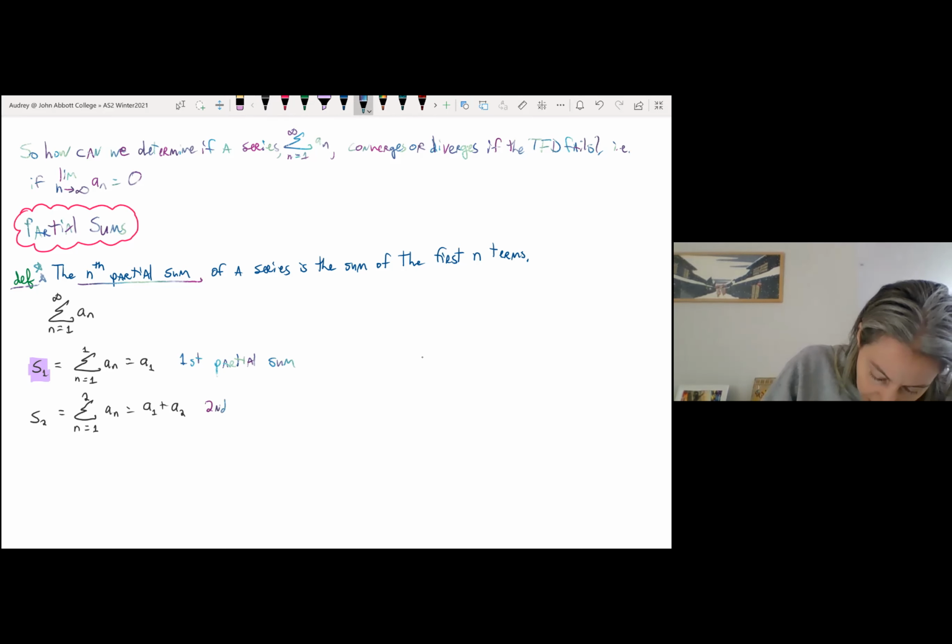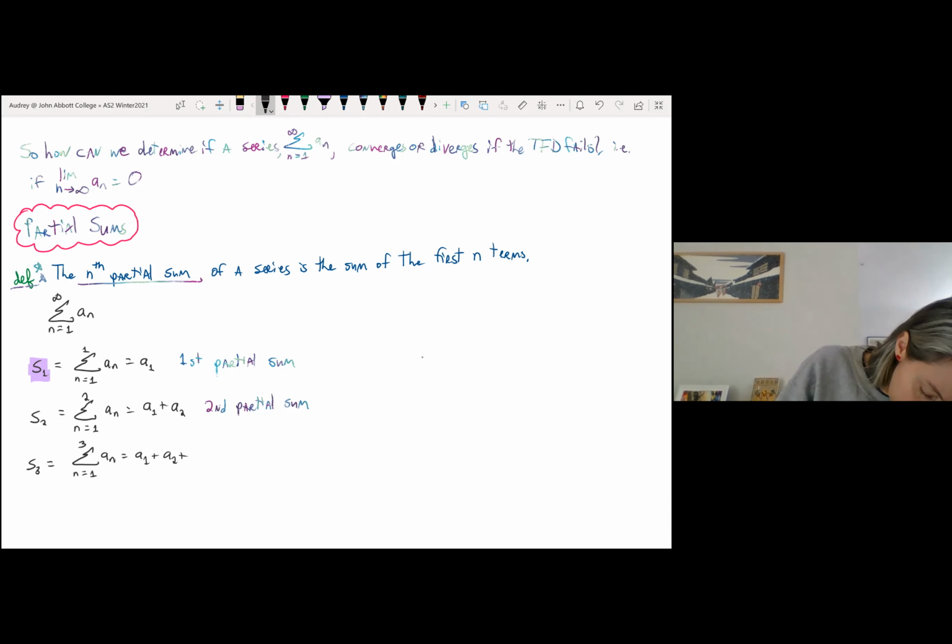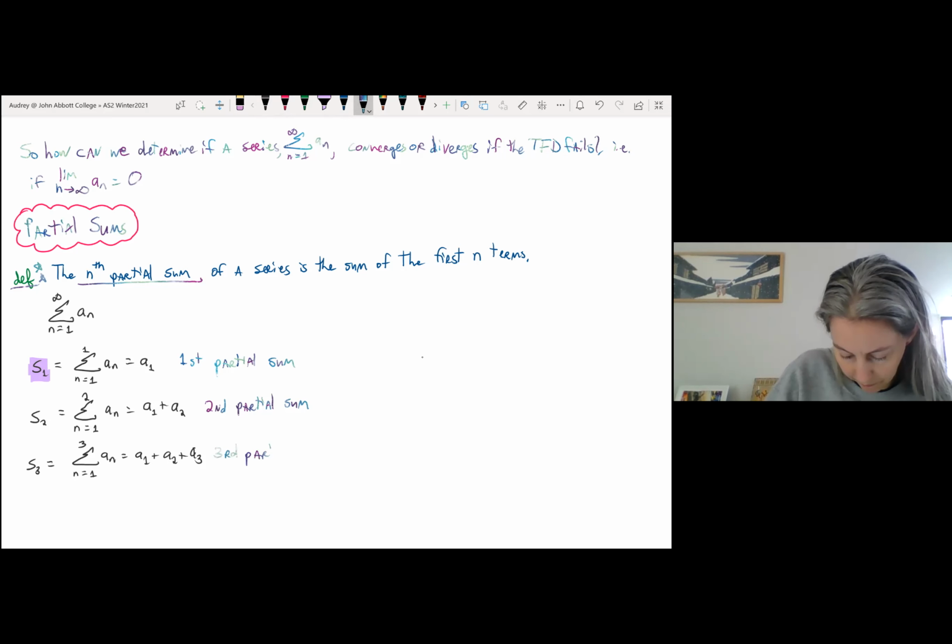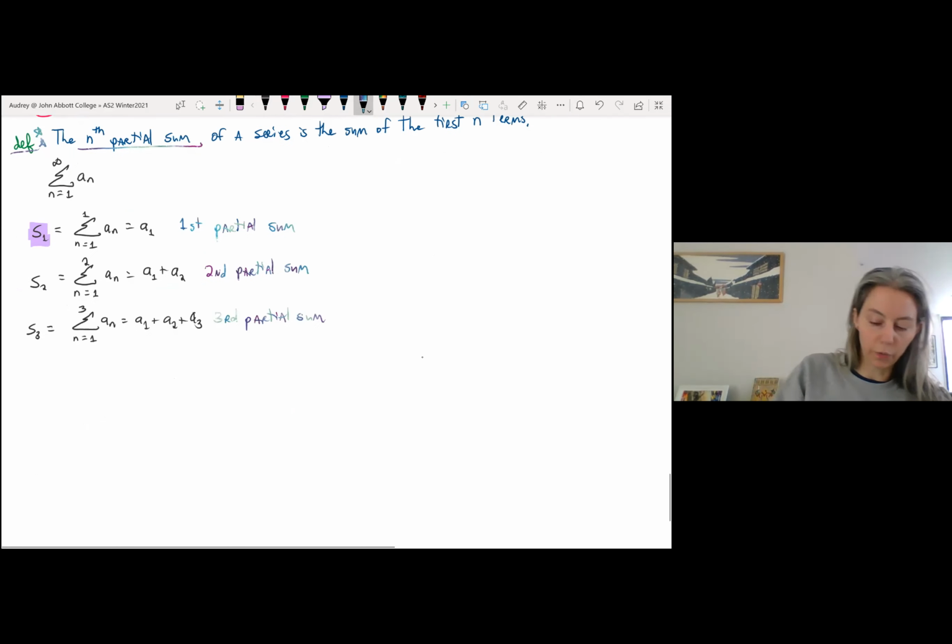So this is my second partial sum. Then s sub 3, when I add up the first three terms, would be my third partial sum. And so on and so forth.